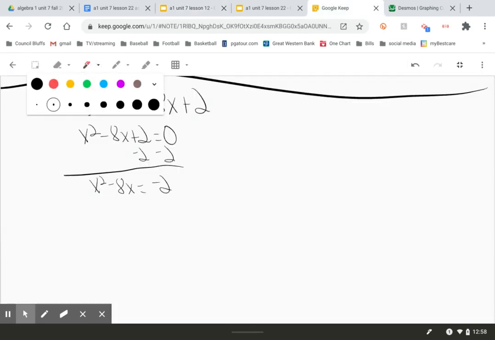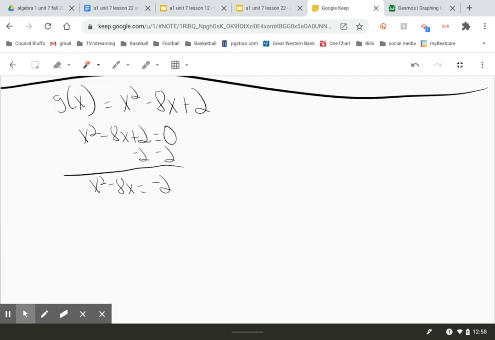In this case, that coefficient is -8. So -8 divided by 2 is -4. And -4 squared is +16. -4 times -4 is 16.